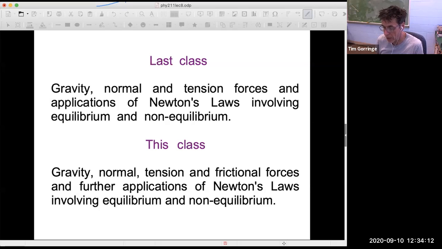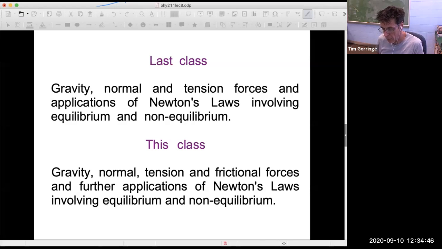So in equilibrium, although there were individual forces acting, the individual forces add up to make no net force. And so there's no acceleration. So an object at rest stays at rest, for example. In the case of non-equilibrium, the individual forces that are acting add up to make a non-zero net force. In that case, there is acceleration, and the acceleration is described by the second law of motion, Newton's second law.